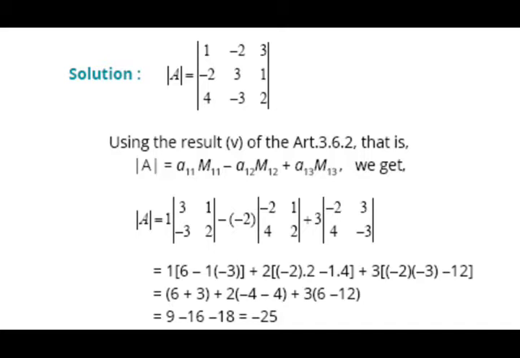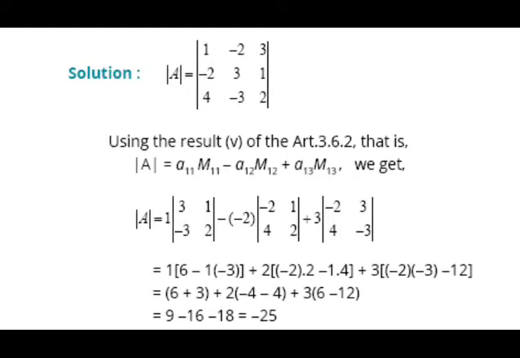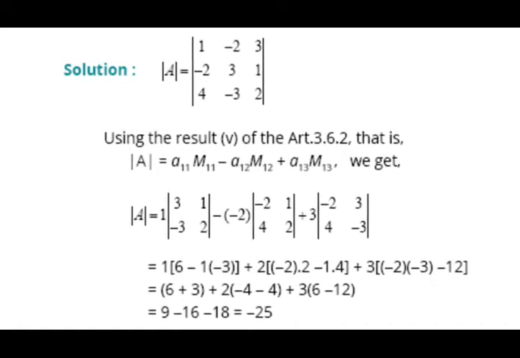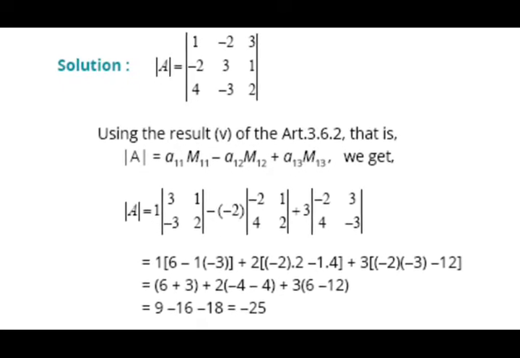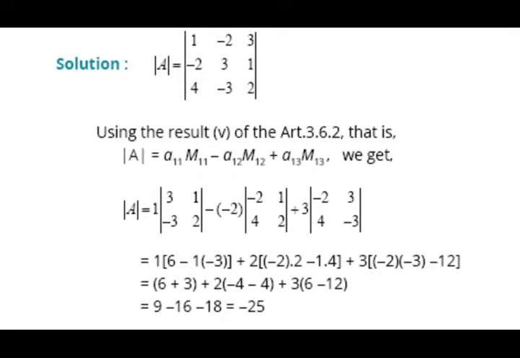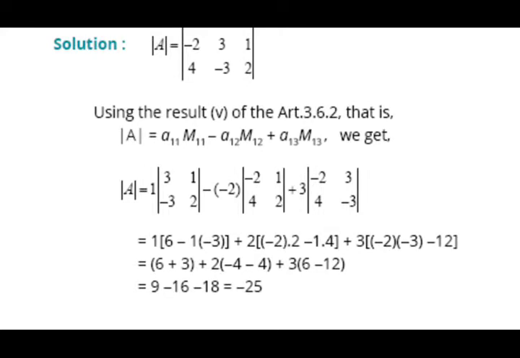And then a13, its value is 3, and for minor M13 we drop the first row and third column, and the values are minus 2, 3 and 4, minus 3. Then we find their determinants.